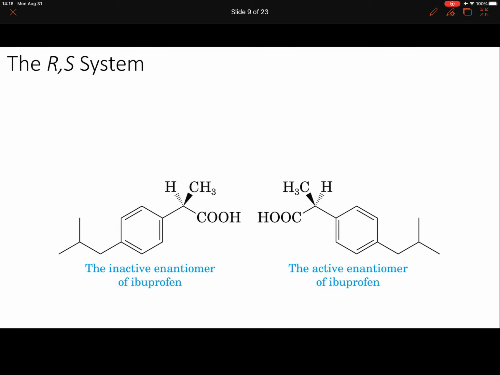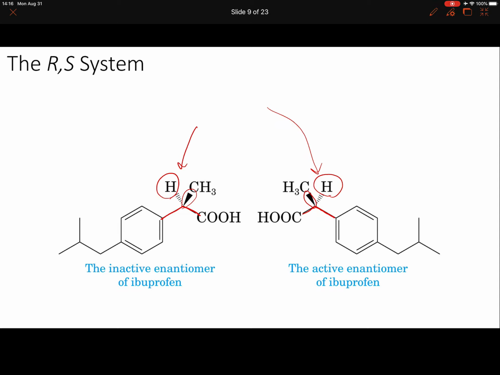So the first step in assigning an RS configuration is to arrange the groups on the stereocenter in order of priority. Here, they've already helped us. They've put the lowest priority group to the back, meaning all the other groups are either in plane or coming out at us.